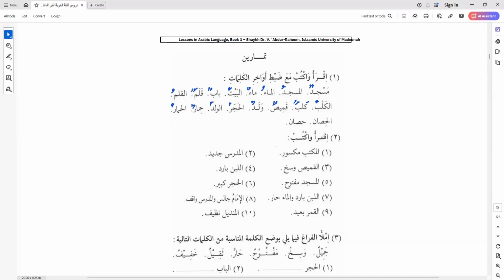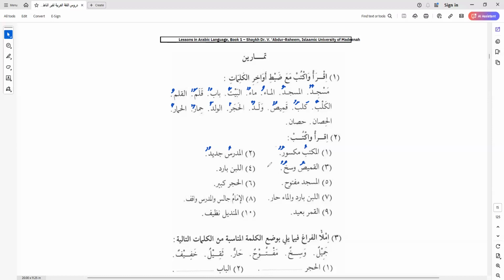So this is Iqra waktub, read and write. Al-kitabu maksurun. Al-maktabu, I'm sorry, al-maktabu maksurun. The desk is broken. Number 2, al-mudarrisu jadidun. The teacher is new. Al-qamisu, the shirt, wasikhun, is dirty. So you see the vowels, one dhamma here, double dhamma here.